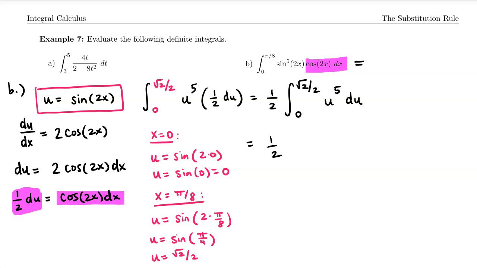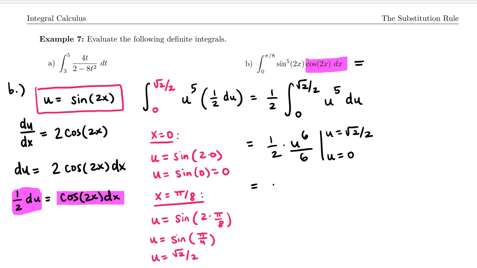Now the antiderivative of u to the 5th power, I'm going to raise the power by 1 and divide by that new power. And I can now from here just say that my lower limit is u equals 0 and my upper limit is u equals the square root of 2 over 2. So here I don't have to change back to be in terms of x.